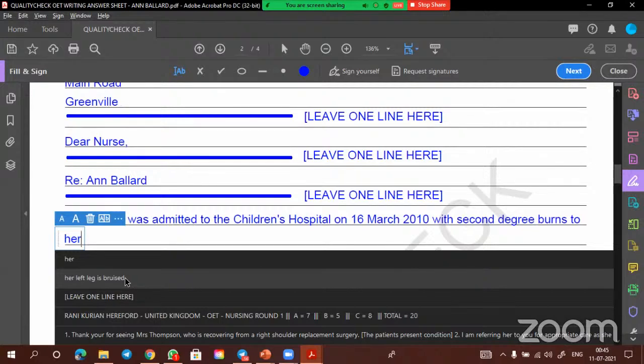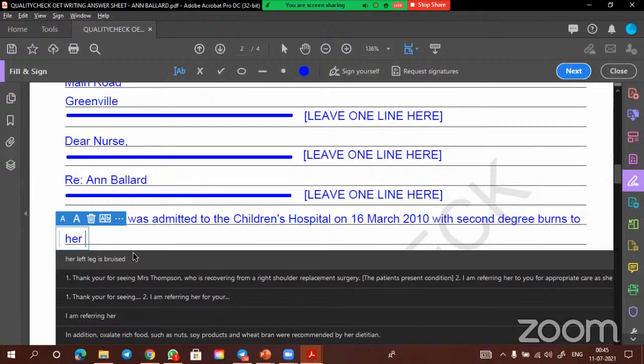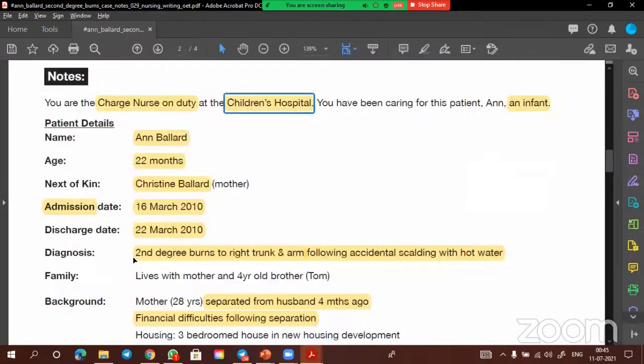Her. You can use her or you can use the. No problem. Her because she's a girl. Otherwise the, because it's the body part. If you use the body part, the, then no need of her. If you use her, no need of the. Both are okay. Her right trunk and arm.